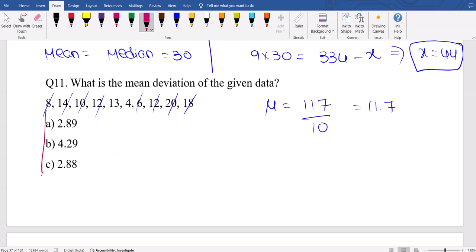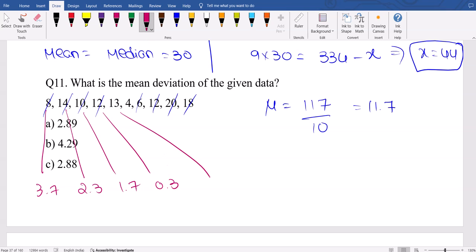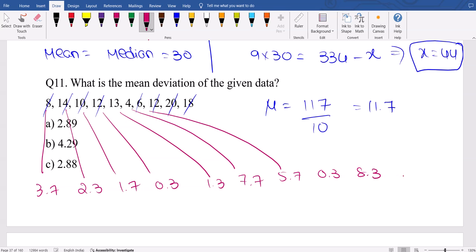The first deviation is 3.7. Second one, 14 and 11.7, difference 2.3. Difference should be always positive. Here 1.7 deviation, here 0.3, here 1.3, here it is 7.7, 5.7, 0.3, 8.3, 6.3.